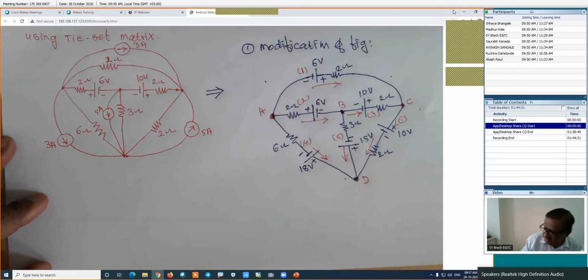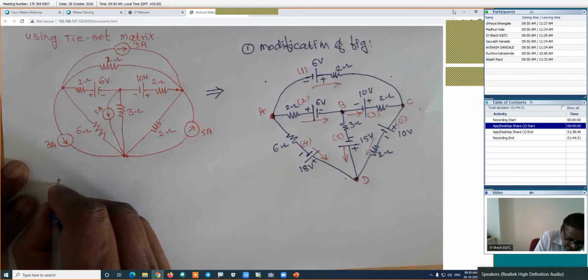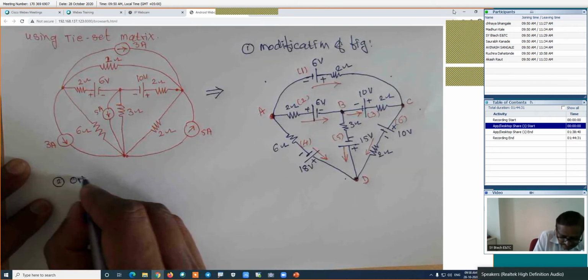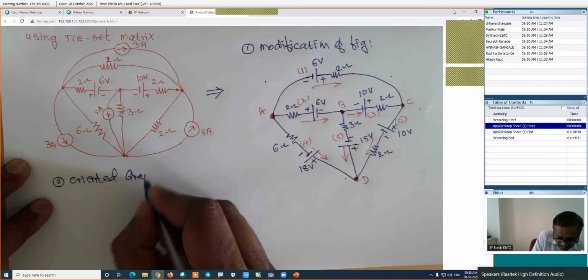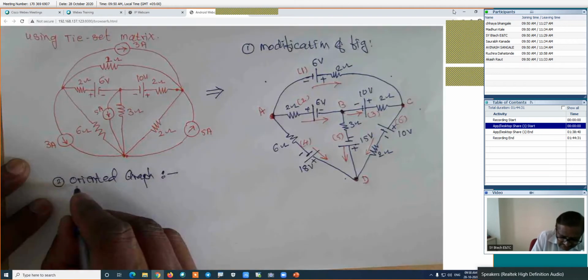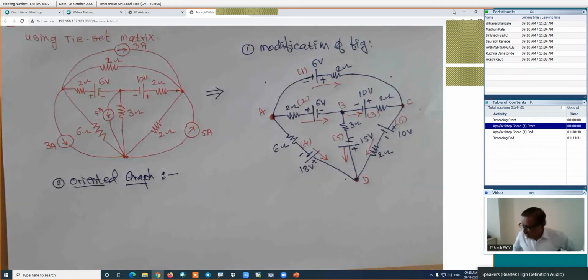The second point in this particular case is we will draw its oriented graph, or directed graph. First, we will draw its graph. Is it right? This is the graph. In this case, how many nodes do we have?